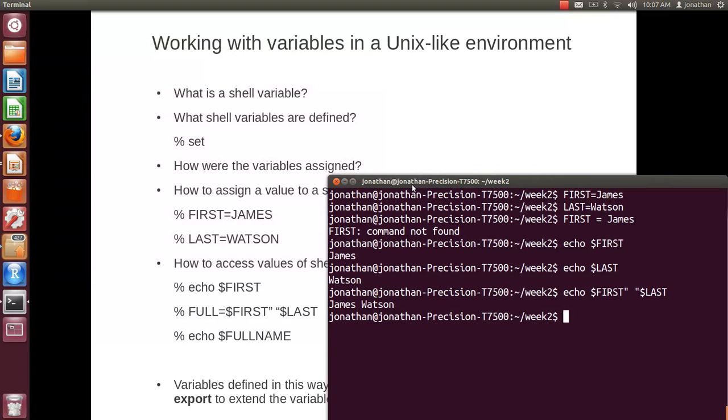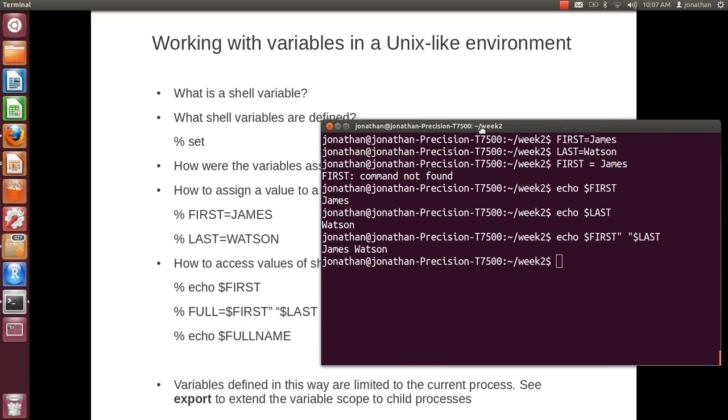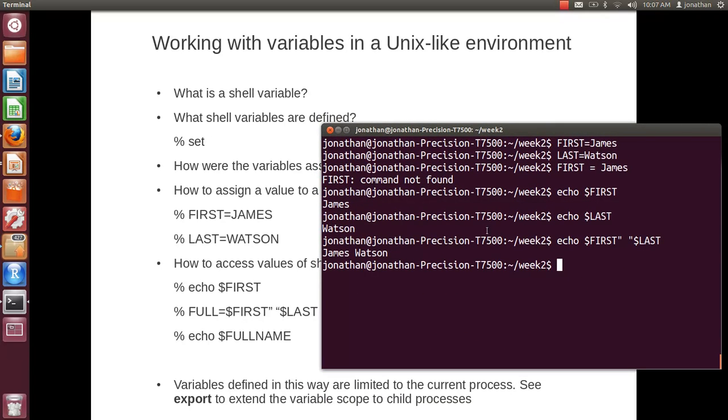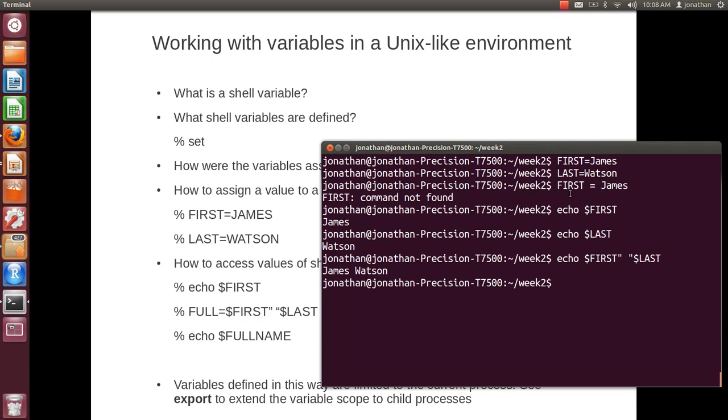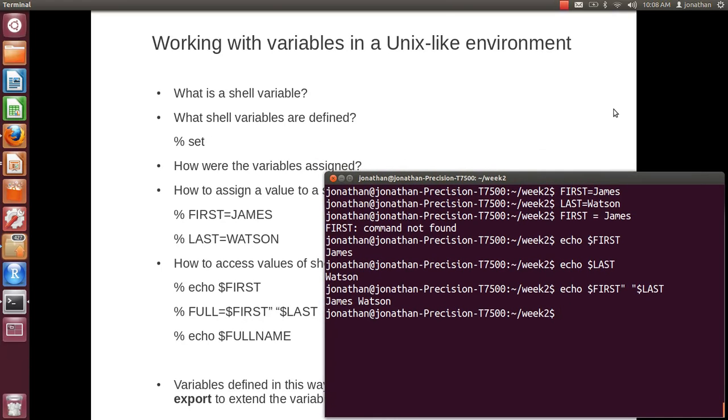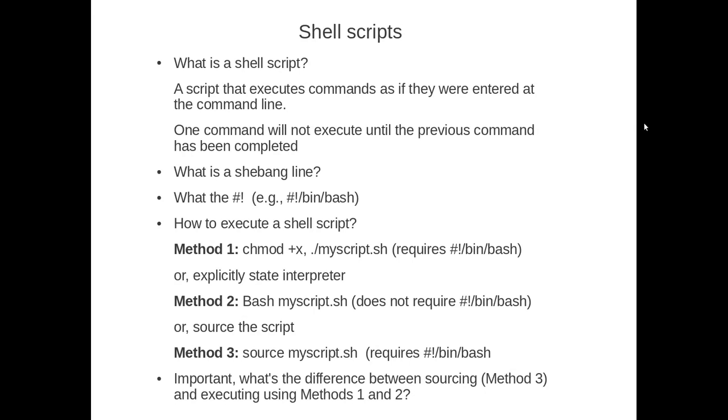So some of this gets more complicated. That's just to point out that things might be a little bit more involved than you might imagine. As you go along, we'll learn about the export function, which is a way of passing variables from one process into child processes. But for today's lecture, we won't go deeper.